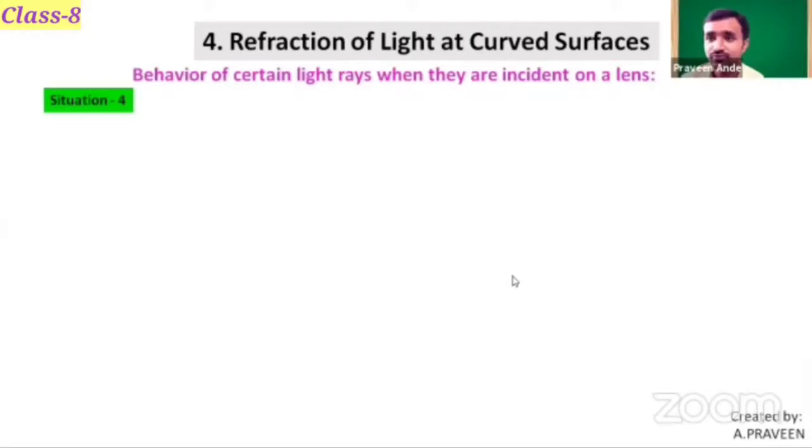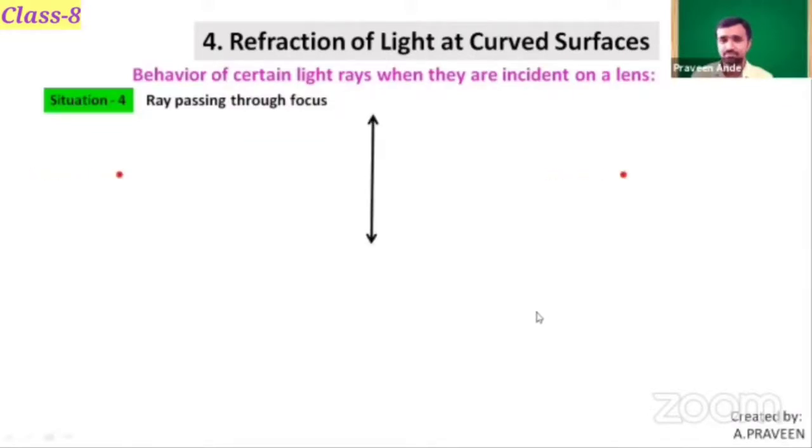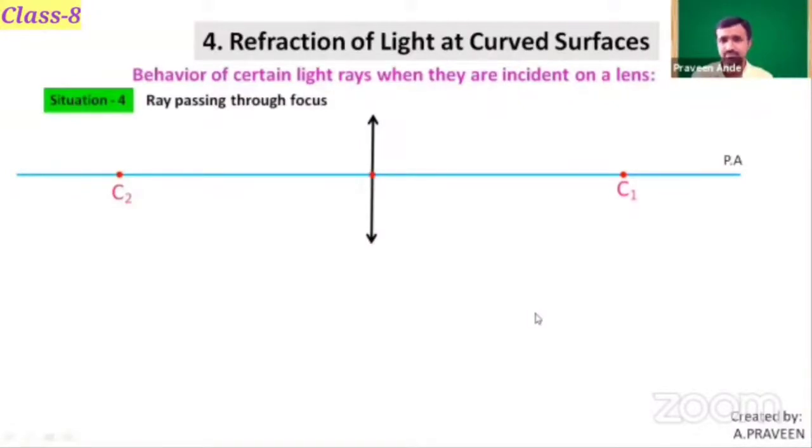Okay, situation 4. Can anybody say what situation 4 is? Ray passing through the focus. Very good. What happens? I can consider many rays here.